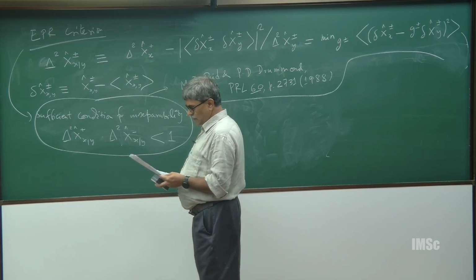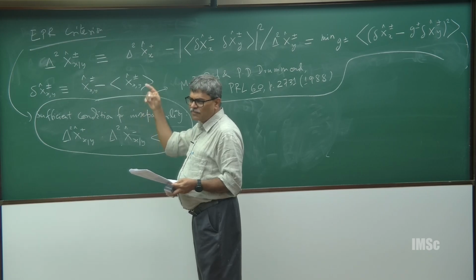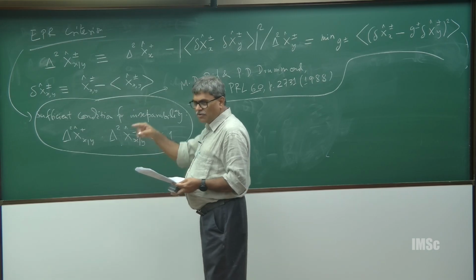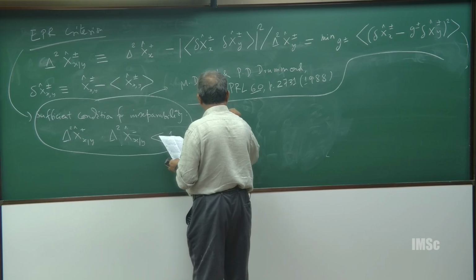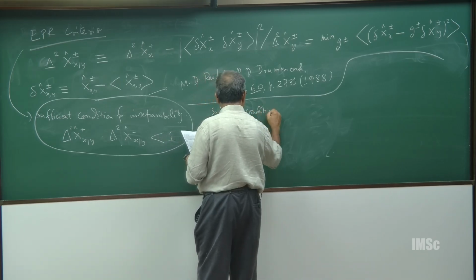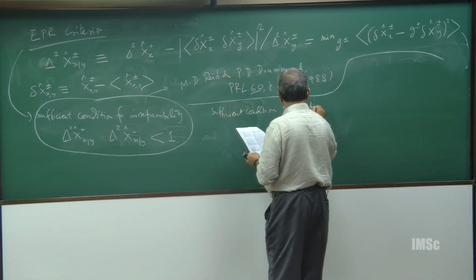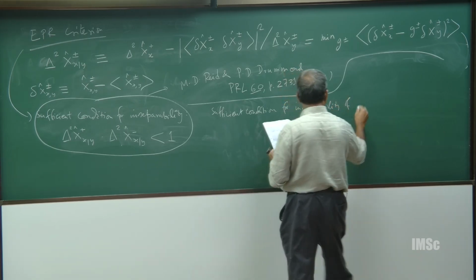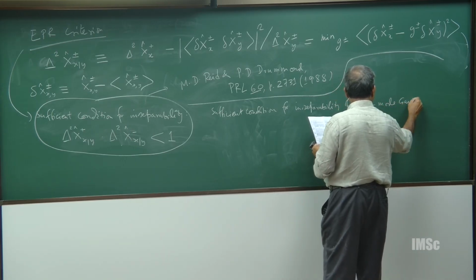That was greater than or equal to a square, a 0 square plus 1 by a 0 square, something like that, right? They are separable if it is greater than or equal to something. So, the sufficient condition for inseparability of two mode Gaussian states.